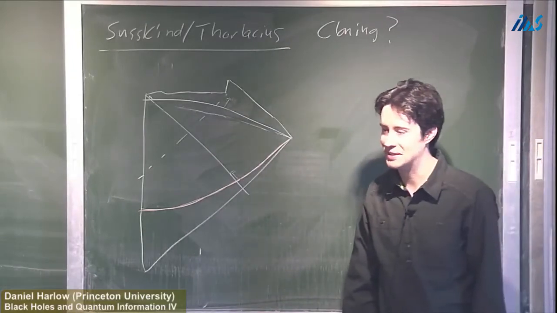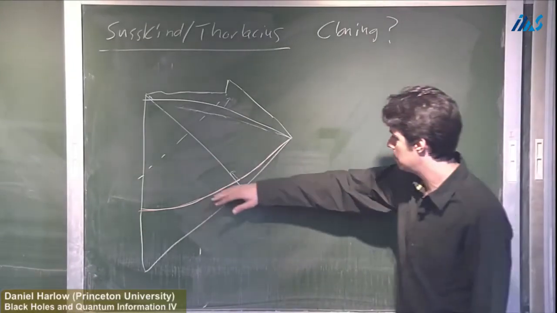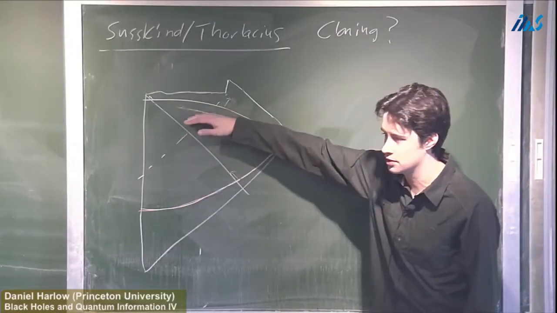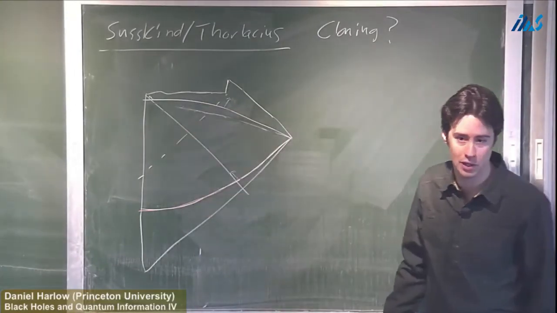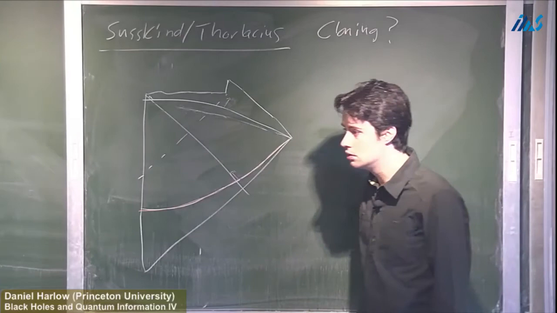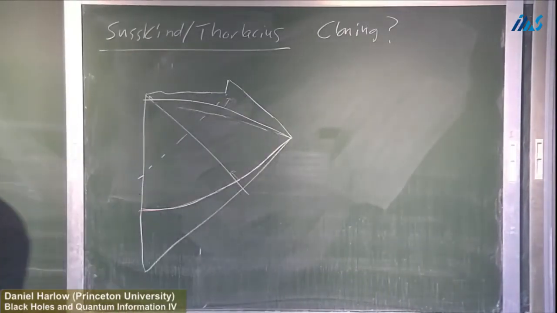So that's bad. That means there can't be linear unitary evolution of some quantum state between these two slices. Yeah, so I thought the no-cloning theorem is based on the linearity of quantum mechanics. That's correct, but this might not be true if you have a quantum theory of gravitation where it gets nonlinear.